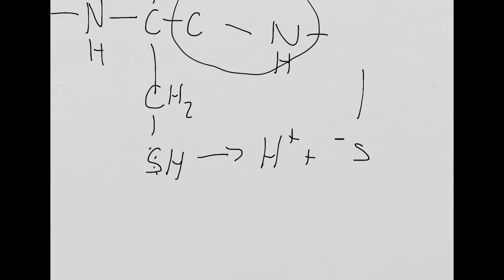It's in the range of 8. So that's the pKa. Now if I have a pKa of 8, I can ask the question, what does my cysteine residue do in different environments?